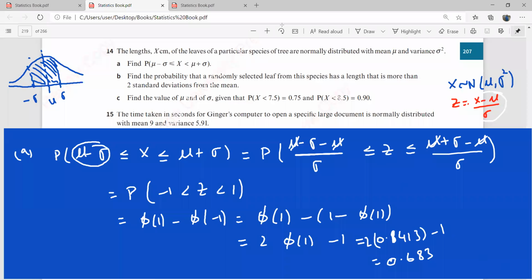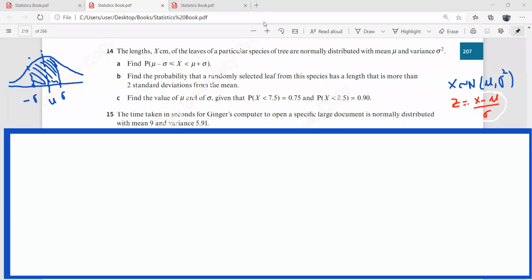So he's actually asking you, let me show you the diagram here, this B part. If this is the mean here, this is the first standard deviation, here are the two standard deviations, and here is the third standard deviation.